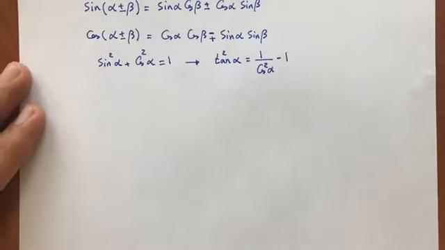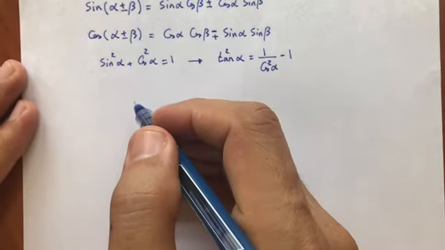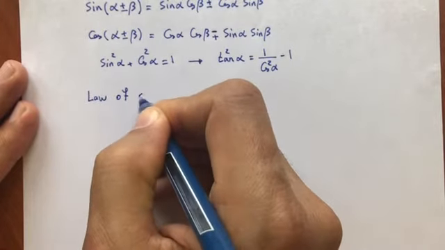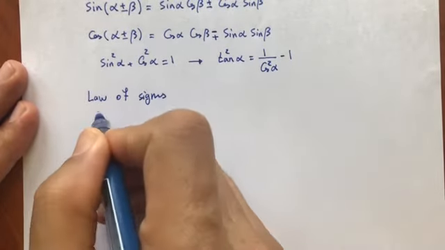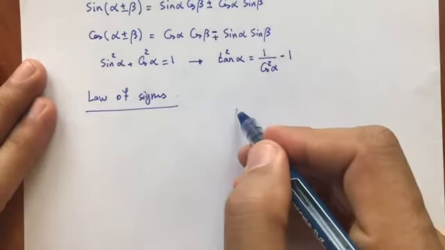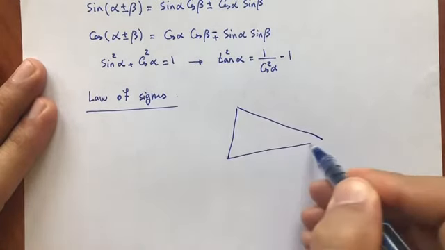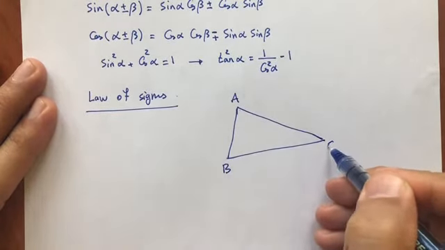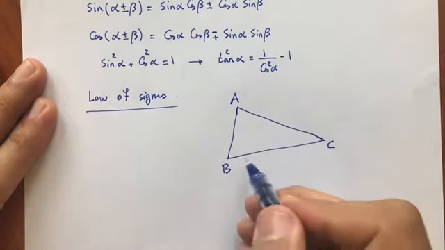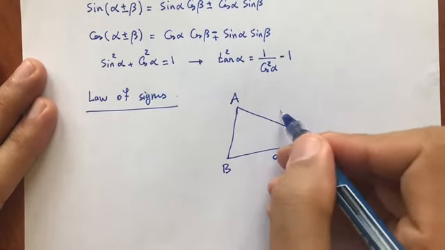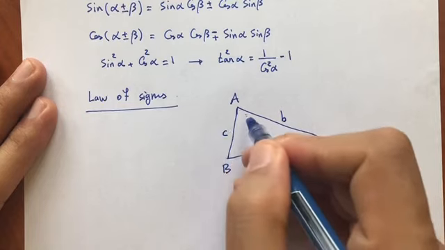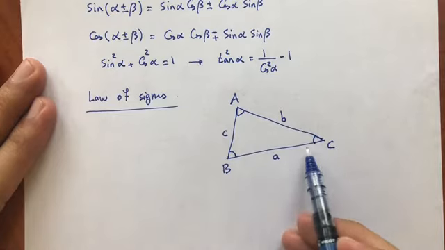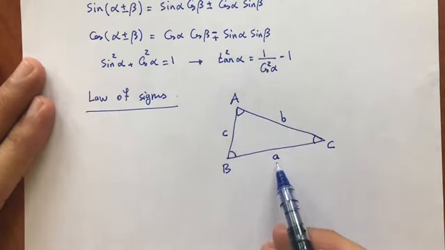And other basic math, we have the law of sines. If we have any arbitrary triangle with the angles of A, B, C, and sides of small a, small b, small c, so this angle is A, this angle is B, and this angle is C. And the side in front of A is small a, the length.